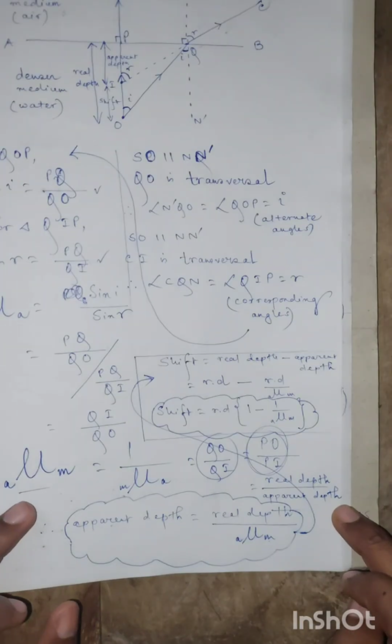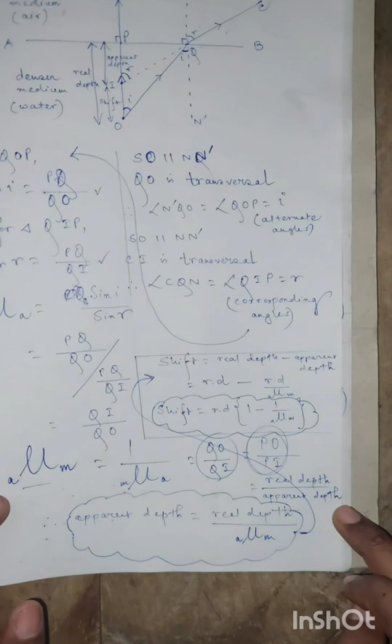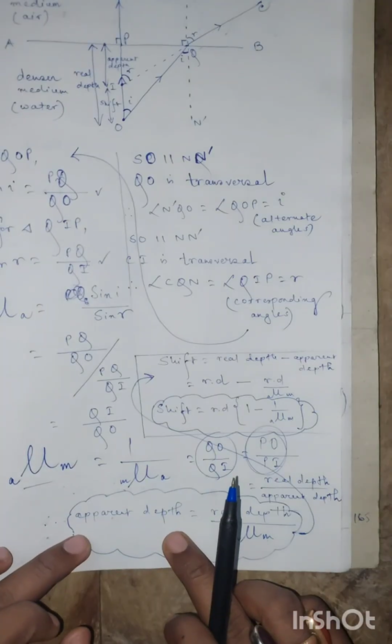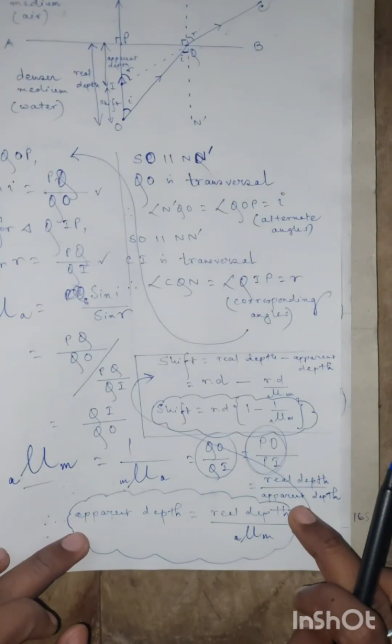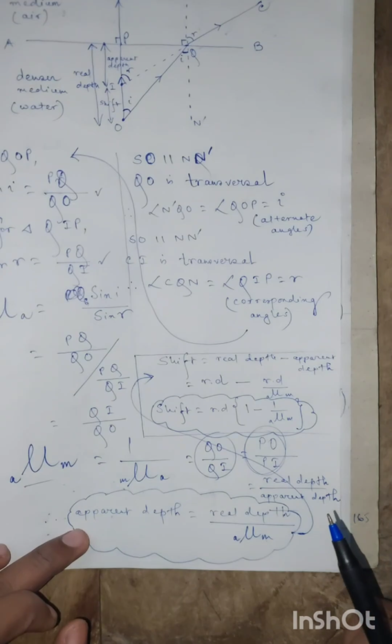That means mu of any medium with respect to air should be equal to the real depth by apparent depth. Now apparent depth can be written as real depth by mu. So we can find out apparent depth very easily. How?